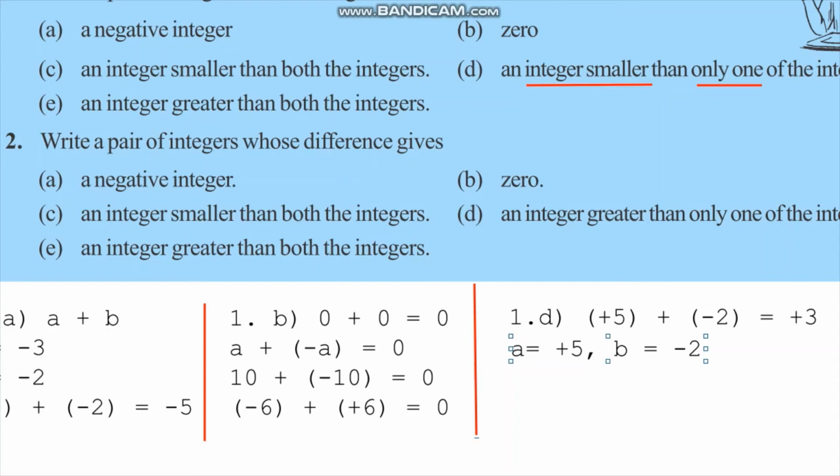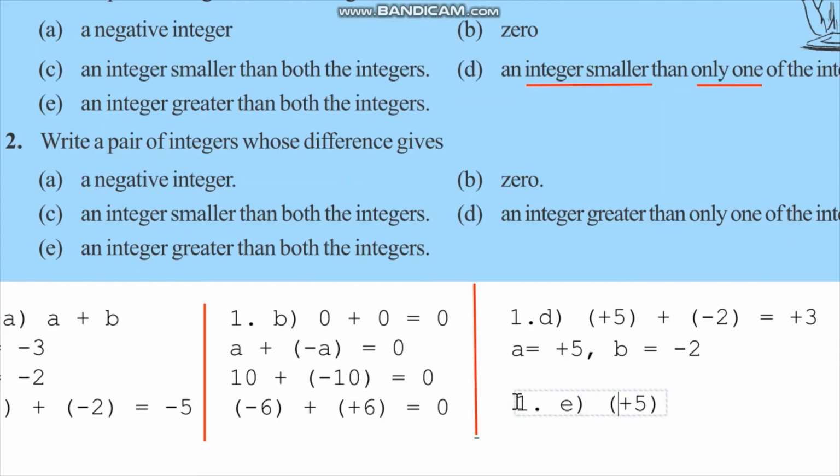This is a rather easy question. Any two positive integers you take, their sum will definitely be greater than both of them. This is because when you're adding two positive numbers, you will always move farther to the right of both of them. So you can take any two positive integers and the sum will be greater than either of those two.